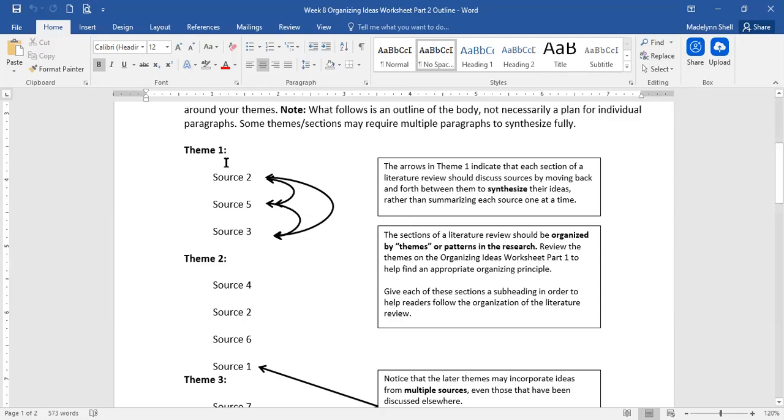So again, theme 1 shouldn't be, here's the summary of source 2, here's the summary of source 5, and here's the summary of source 3. Instead, you're going to talk about the ideas from them as they relate. So again, if you go back to the example from last week, if we're talking about emotional well-being and the college transition, I might talk about the 3 studies that talked about college transition and loneliness.